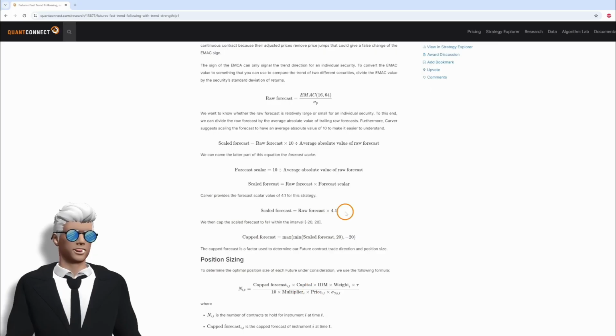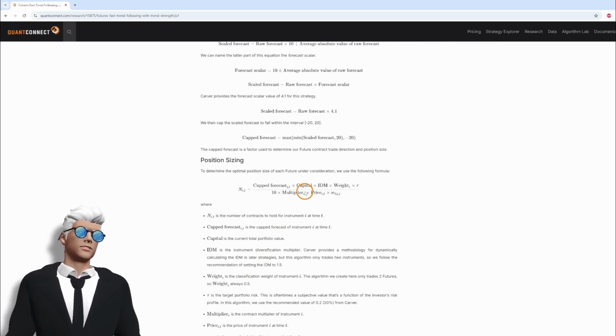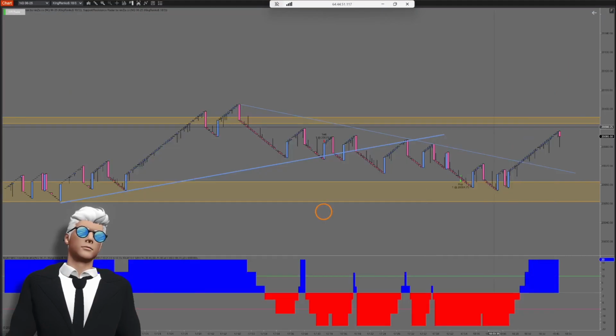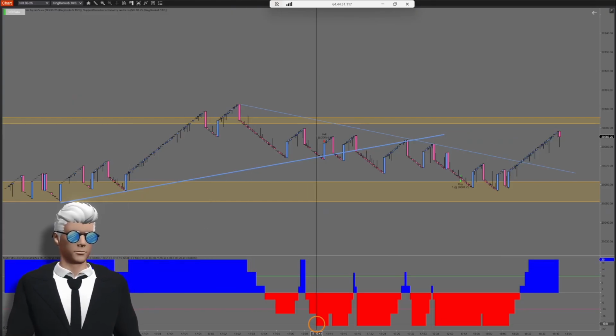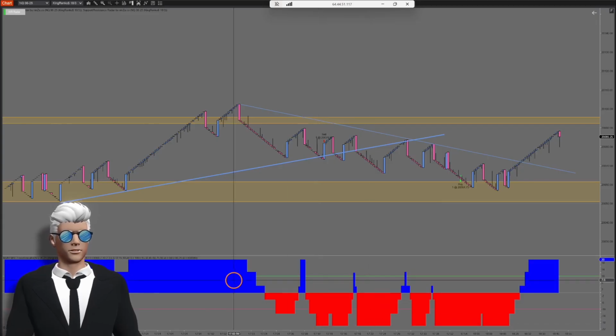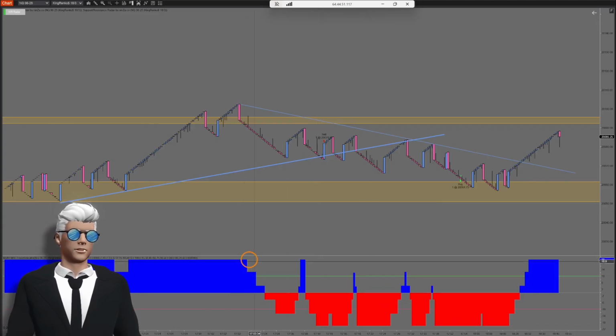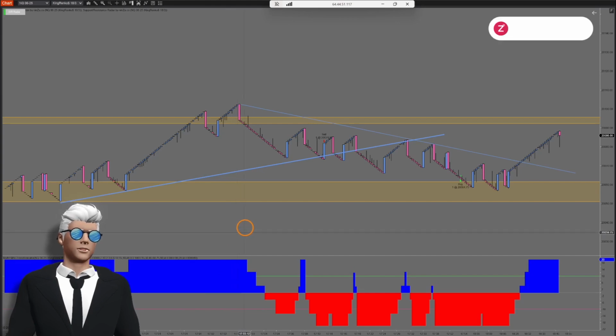So all this mumbo jumbo, I coded this into an indicator, and basically it gives you a confidence level of how confident you should be going into any particular trade. It gives you a little pat on the shoulder, so to speak.